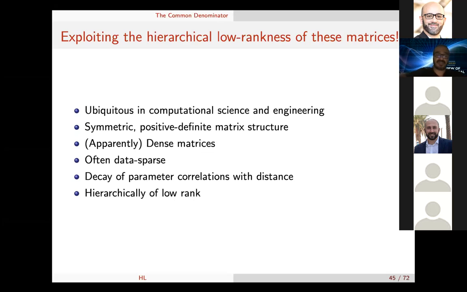And what it turns out is, for some of those applications that I mentioned, the matrix itself is not dense. It's apparently a dense matrix. It has a structure that is data sparse. There is some redundancy in the data.